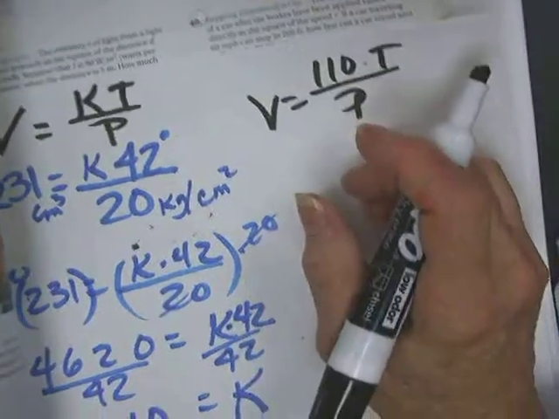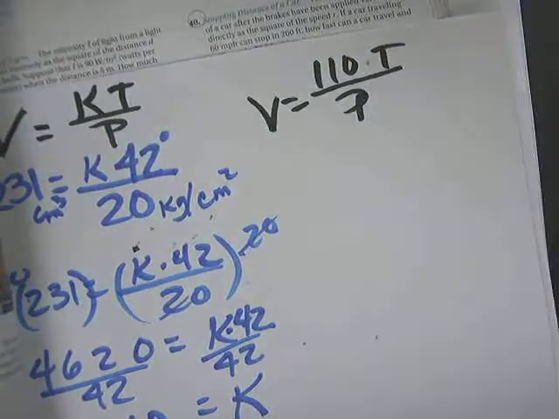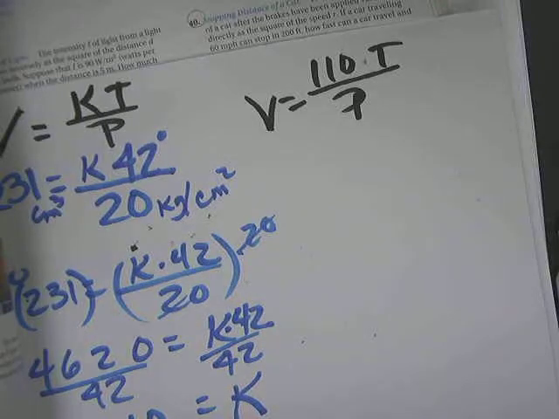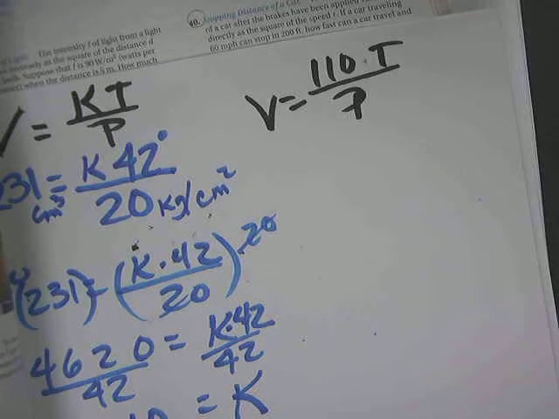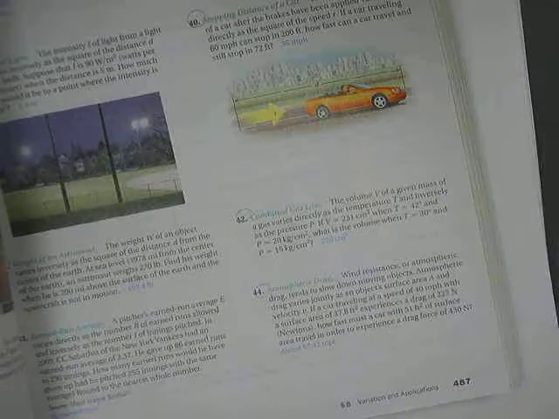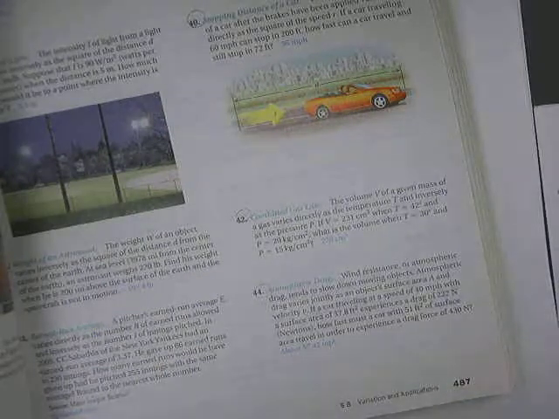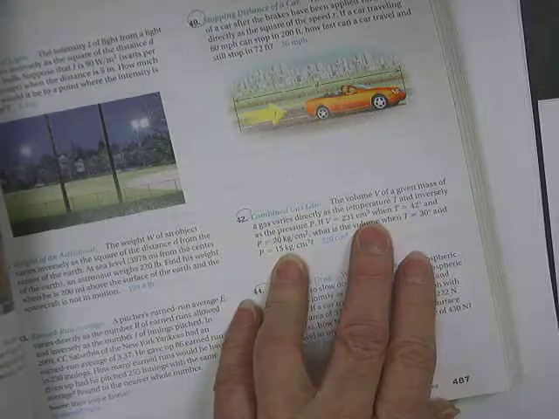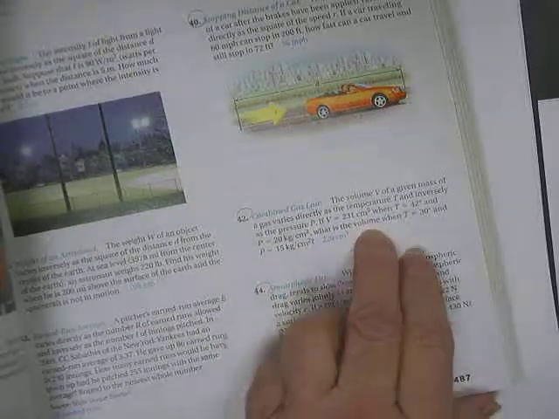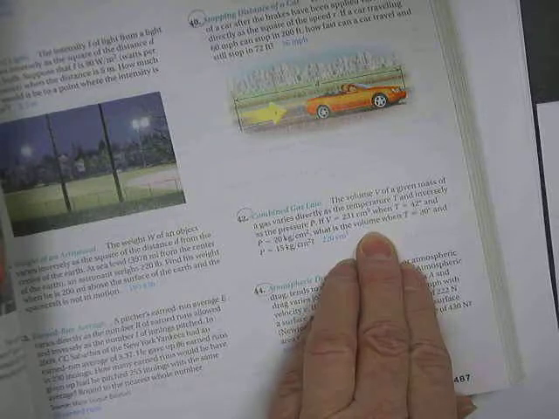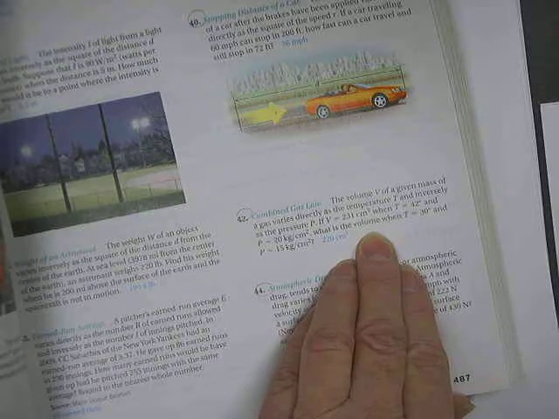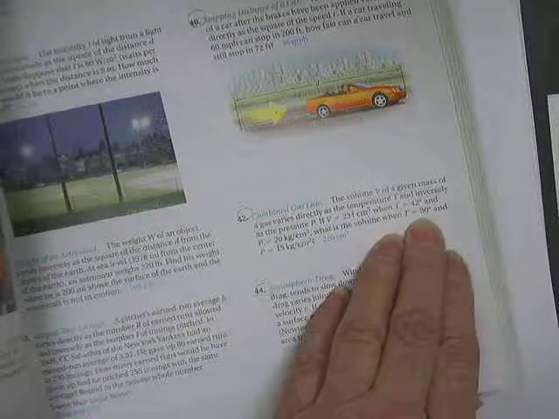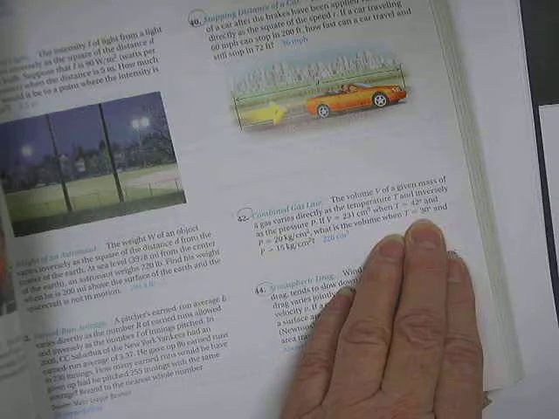So our K is 110. It's just a constant there. This is what we're going to plug back in up here. So write 110 and leave all the other letters the same. V equals 110 T over P.